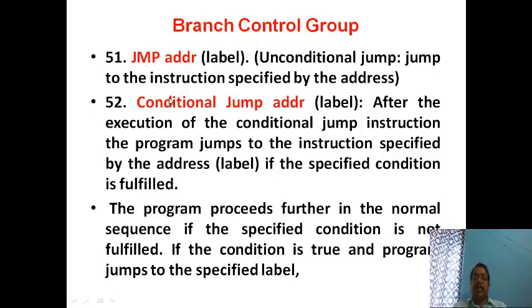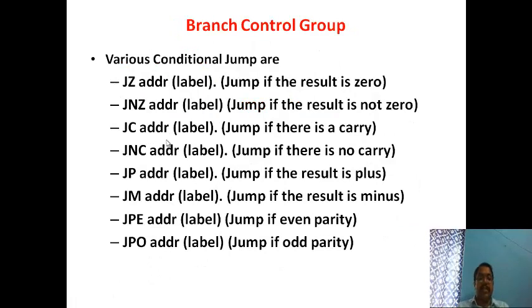Okay, there is something called unconditional and conditional. In unconditional, I will not see any condition. Directly I will jump to the address specified. In conditional, I will check for a condition. Only if that condition is satisfied, I will move. So we will see what all the conditions available are. Jump on zero: if zero is set, then only it will jump, or else it will come to the next line.